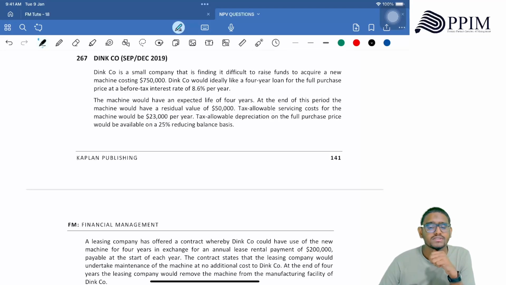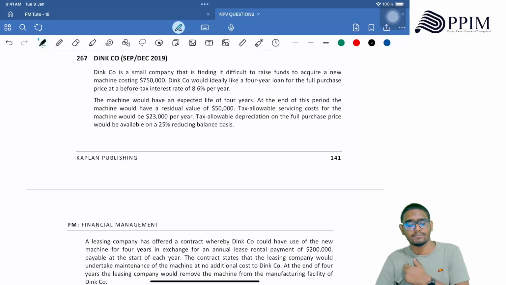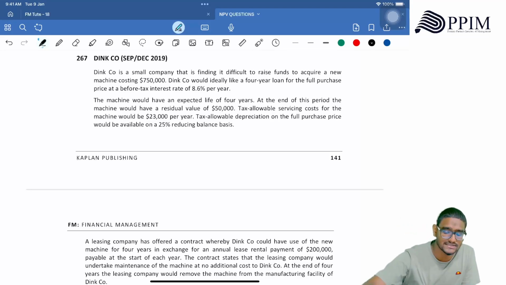The machine would have an expected life of 4 years, with a residual value of 50,000. Tax allowable servicing costs for the machine would be 23,000 per year. Tax allowable depreciation on the full purchase price would be available on a 25% reducing balance basis.